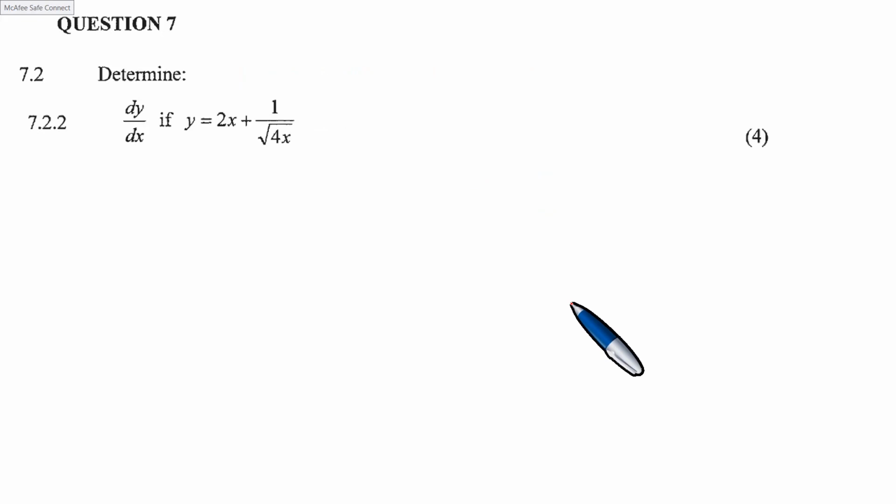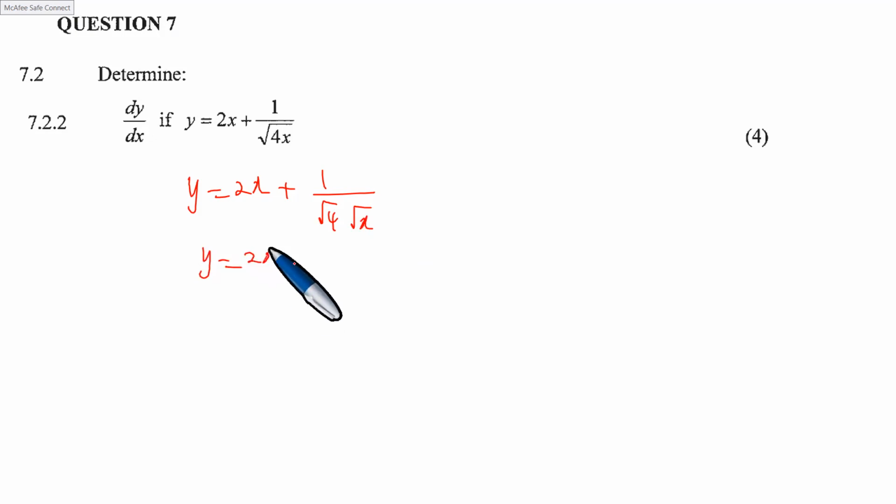Okay, we have to do this one as well. And let us get the answer to this question. So, which means this one here is y equals 2x. Then in the denominator, you can split this into the square root of 4, the square root of x.